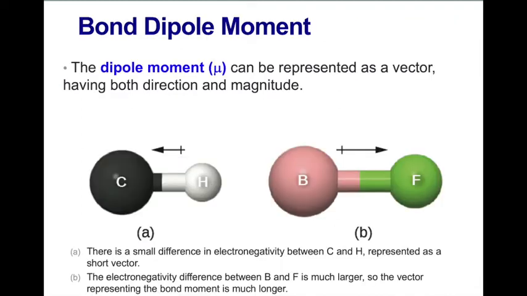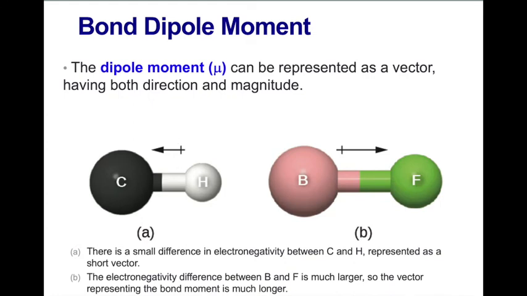So it can be expressed as a vector. We saw this before, where the arrow is pointing towards the more electronegative atom. Now, I did mention carbon and hydrogen have very similar electronegativities, and this bond is considered, for the most part, to be nonpolar. But the point here is that it is nonpolar for all intents and purposes, but it is ever so slightly polar.